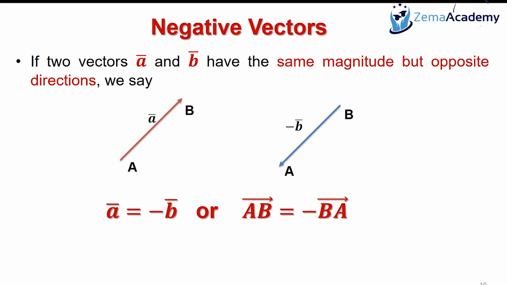When this is the case, then you say it is a negative vector. In terms of how you write a negative vector, if there are two vectors A and B, and A is in the positive direction, then the vector B will have the same magnitude but will be in the opposite direction. And this is how you can write negative vectors.